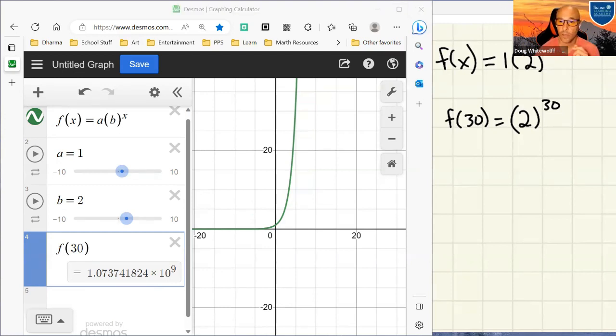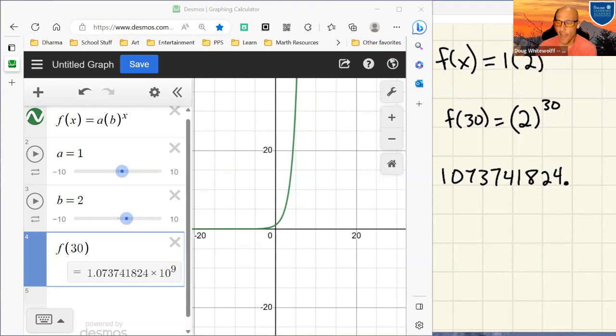Wow. So let's just see what that would be. That's going to be 1, and then moving it 1 place, 2, 3, 4, 5, 6, 7, 8, 9. So that's how many pennies there are.